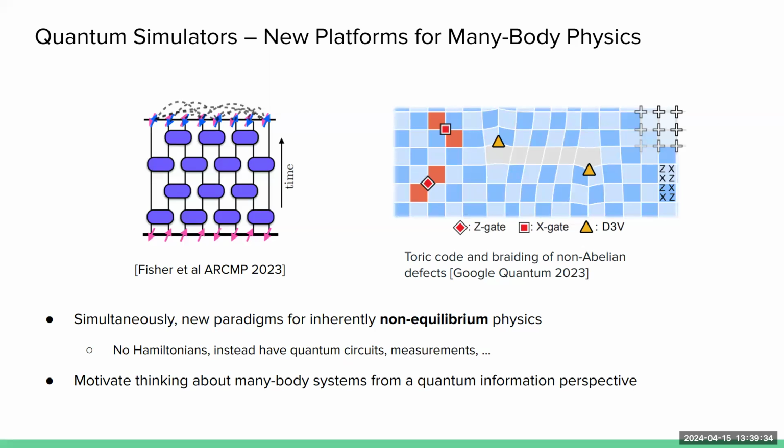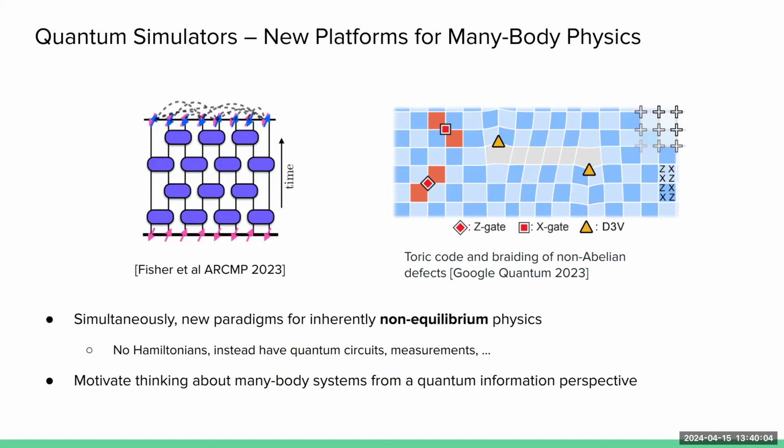So in particular, there's been several realizations, but as one example, Google has recent evidence for realizing the toric code topological order in their superconducting qubit system, and have evidence for being able to braid non-abelian anyon defects using these unitary gates. So the overarching picture is that these simulator platforms provide interesting settings in which to investigate traditional condensed matter physics, but also these new inherently non-equilibrium phenomena.